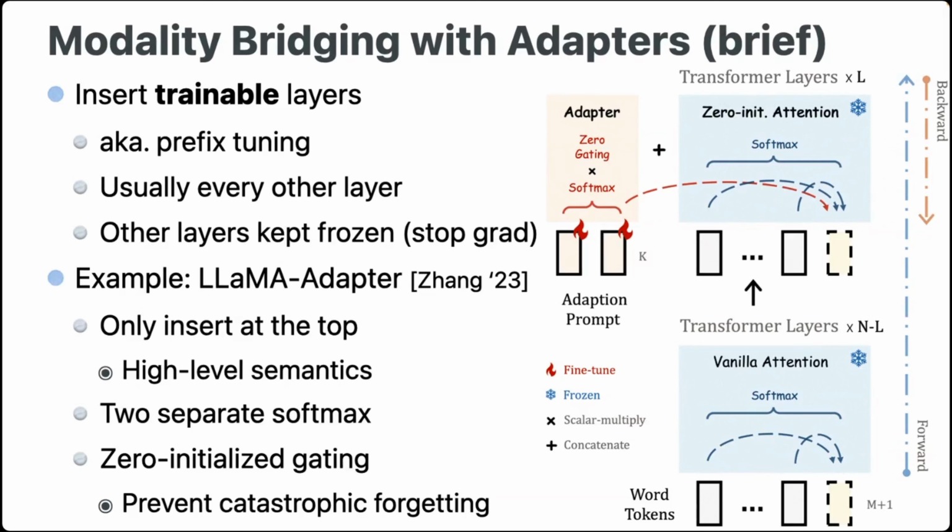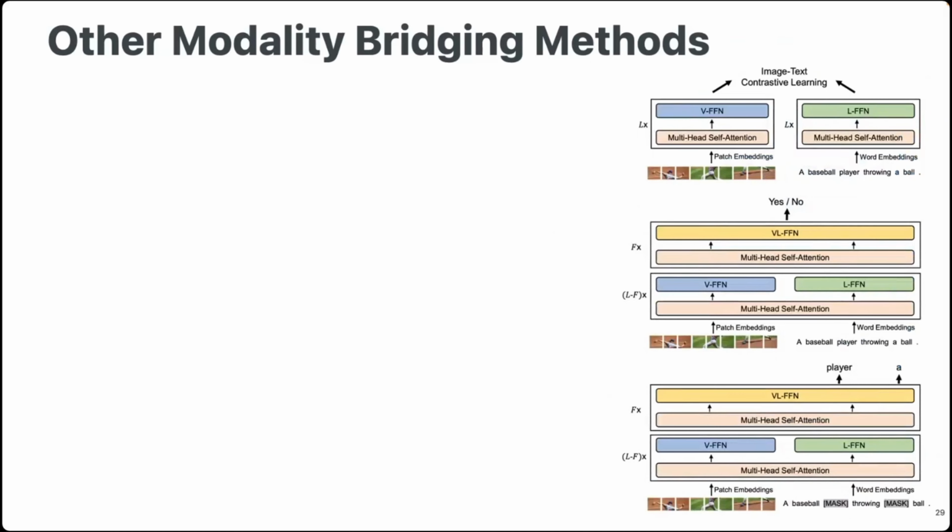In previous adapters like BLIP and so on, they use a single softmax at the bottom to fuse the text and image tokens. But here they use two softmax to separate the attention scores, which I found very interesting, and they also achieve higher scores. And they also use zero-initialized attention gating to prevent catastrophic forgetting.